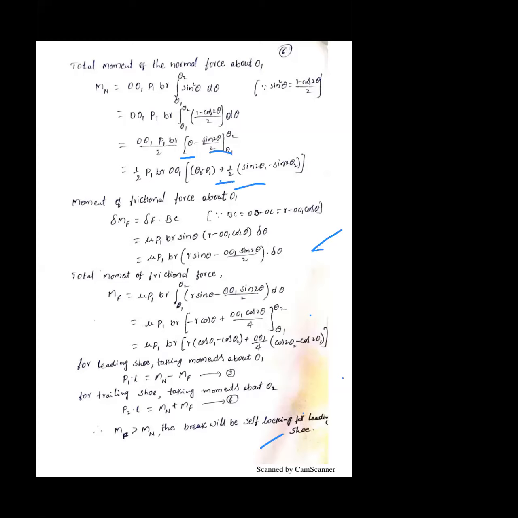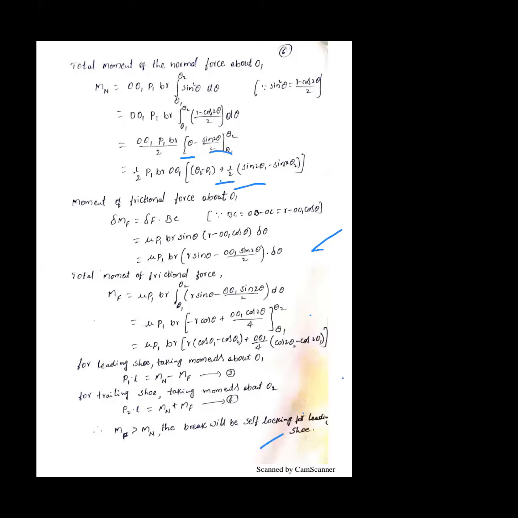BC is also written as OB minus OC. So OB means small r, and OC means O1 cos theta.